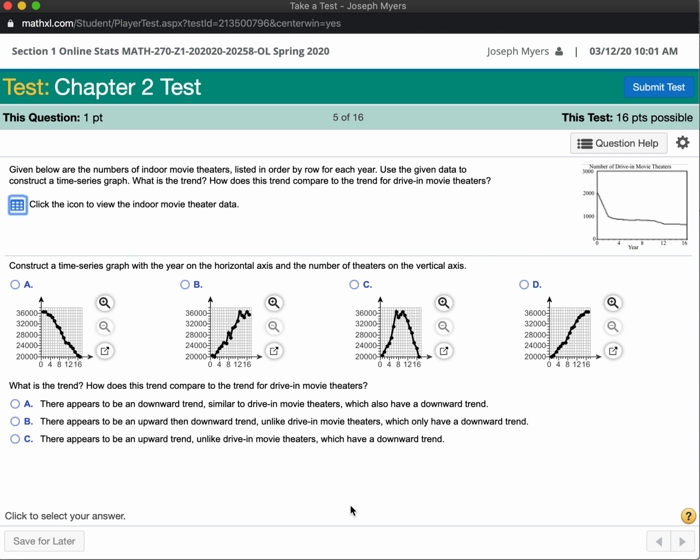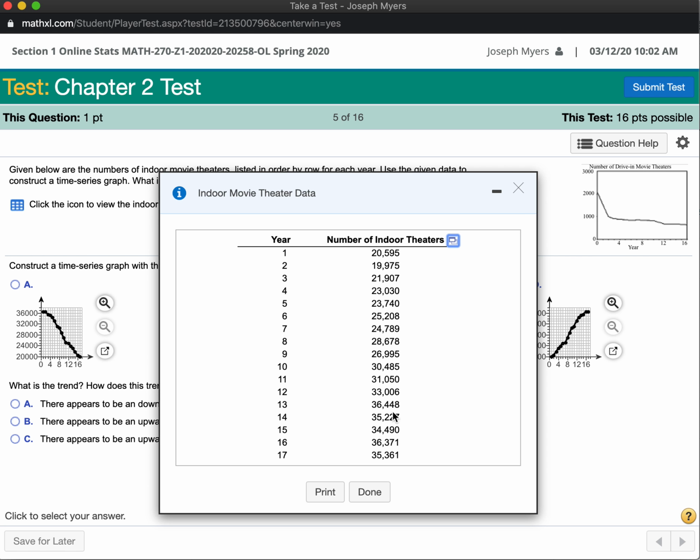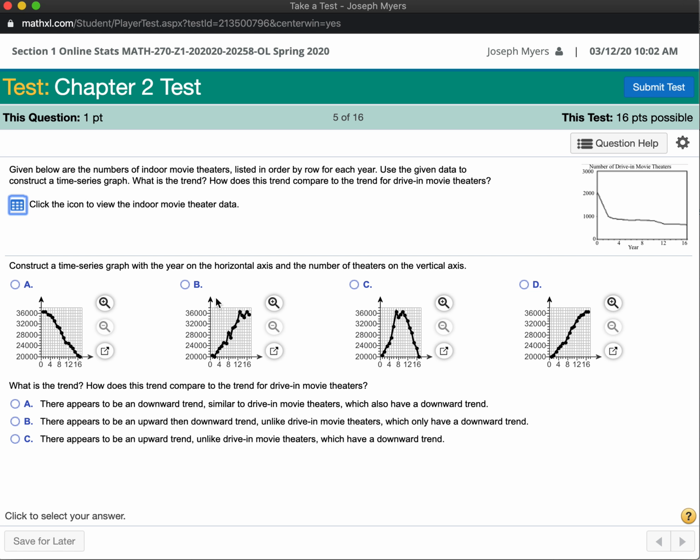So we would expect to see a graph that has a tiny dip near the beginning, like this one, and then it goes up and kind of levels off near the end. Let me look at the data again. Yes, it goes to 36 and back up again and then a little tiny bit down. Okay, so I would go with B.